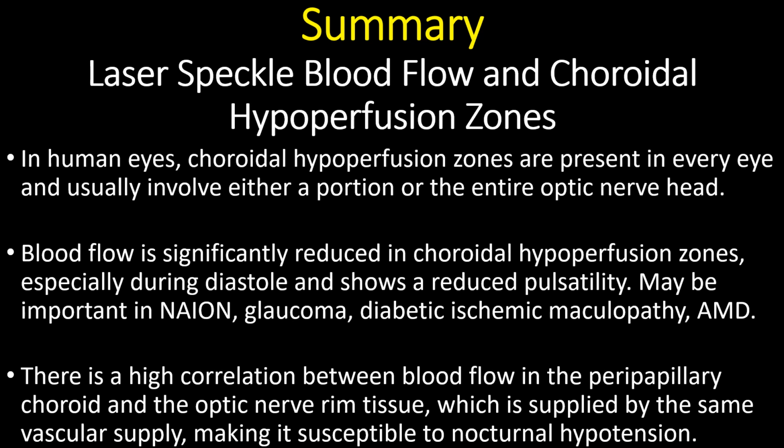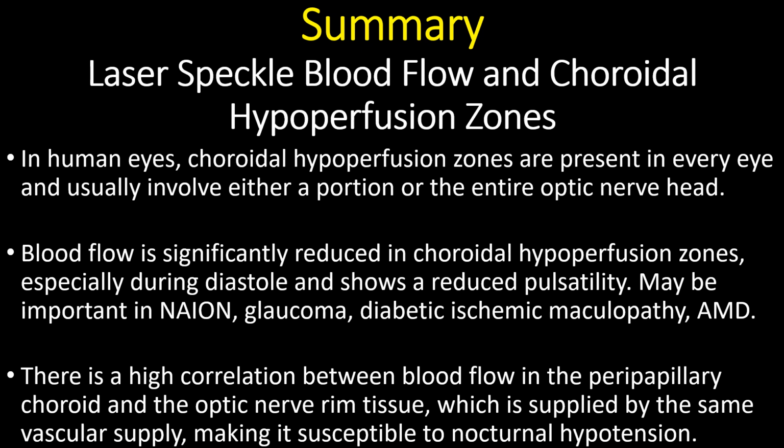And these choroidal hypoperfusion zones and the reduced blood flow may be very important as risk factors in nonarteritic ischemic optic neuropathy, glaucoma, diabetic ischemic maculopathy, and macular degeneration, particularly during sleep when nocturnal hypotension can play an important role.